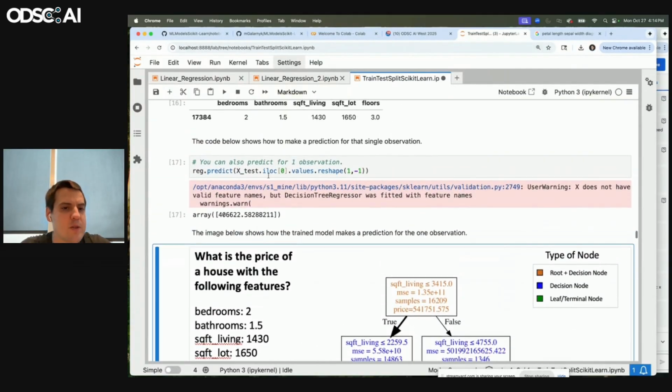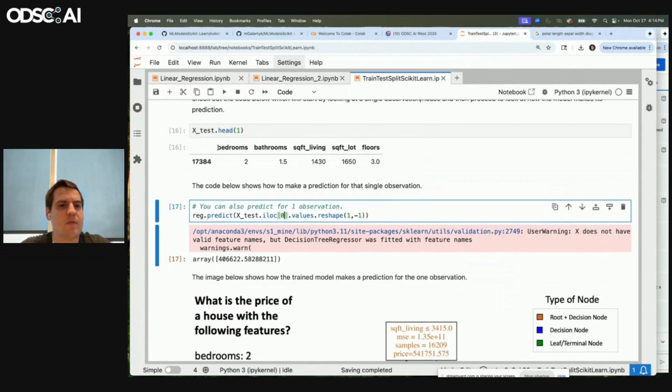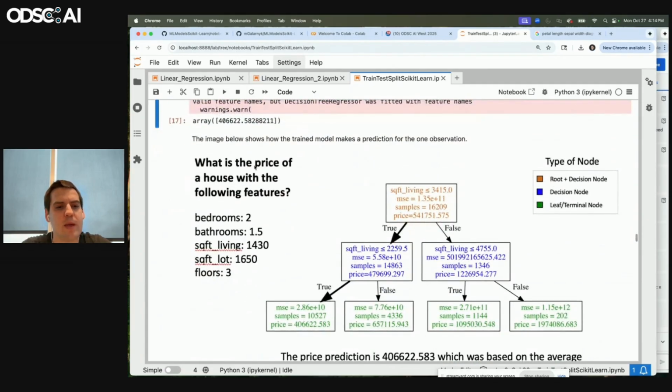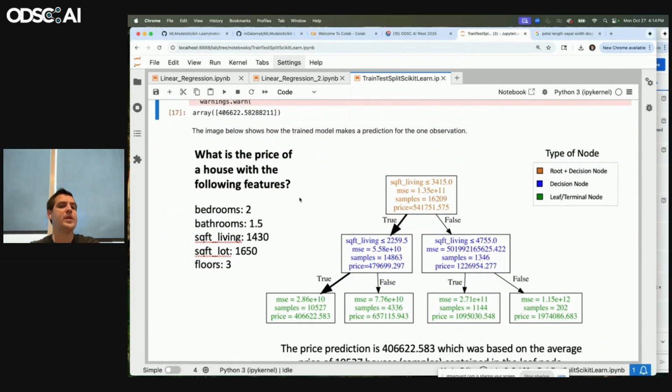So for our first example here, for 2 bedrooms, 1.5 baths, 1,430 square foot living, all this stuff, number of floors 3, we have this kind of question for a decision tree. What is the price of a house with the following features? This is what our trained model looks like, and we'll talk about what decision trees actually are in a second.